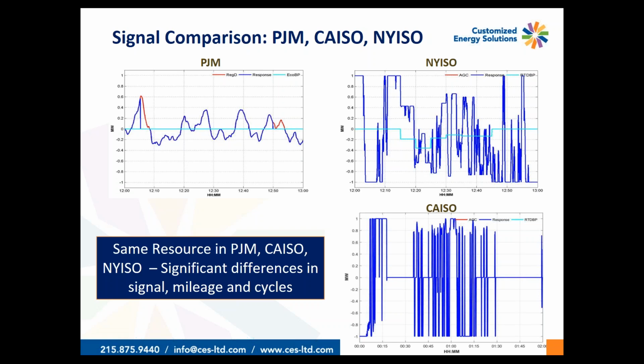That means a single resource behaves differently in different markets. That means that it earns a different amount of revenue, it degrades differently, hence needs to be replaced differently in different markets, and that has an impact on the warranties that a technology provider is providing.